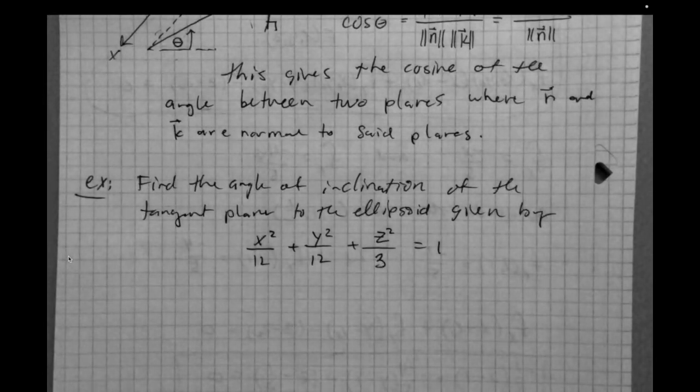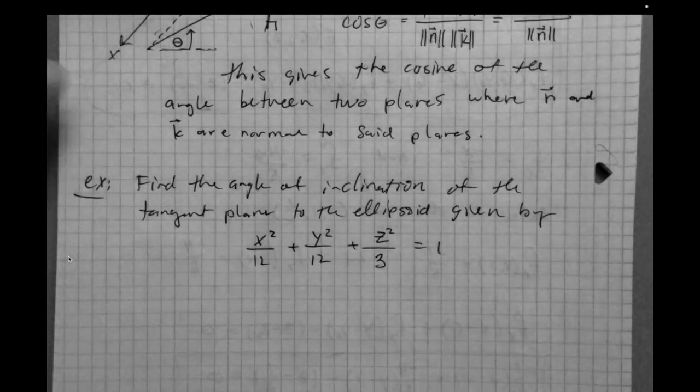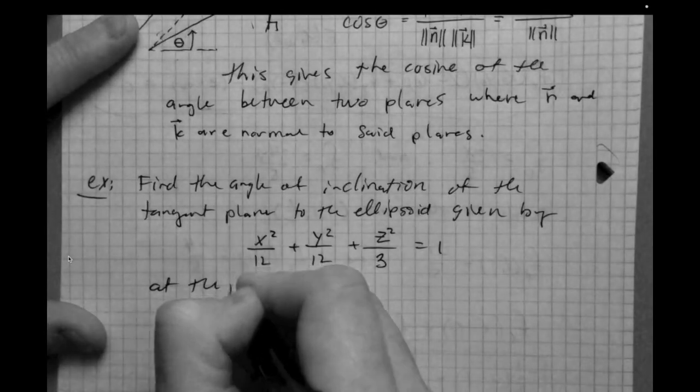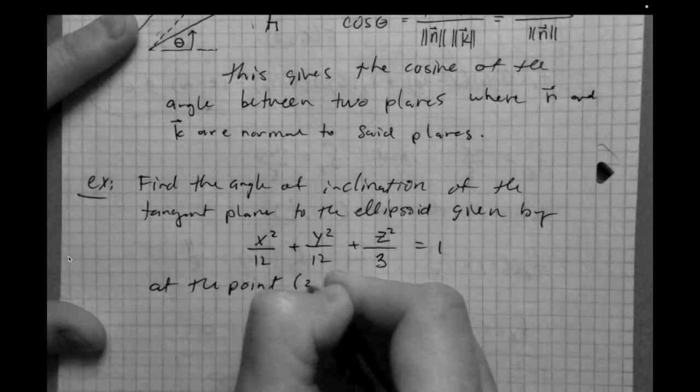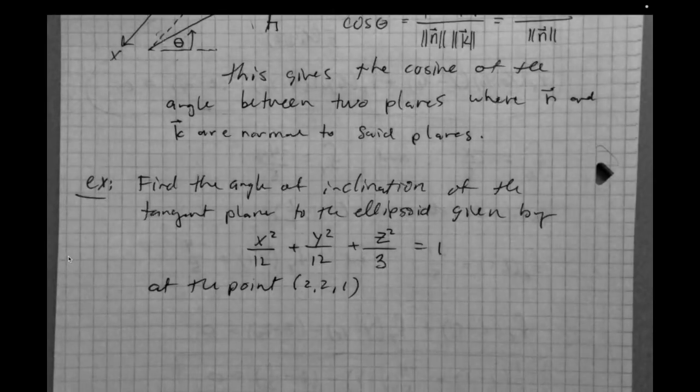Okay, so what we're looking for is the angle of inclination of the tangent plane to the ellipsoid given by this equation, and then specifically at the point 2, 2, 1. Okay, so this kind of wraps it all together.